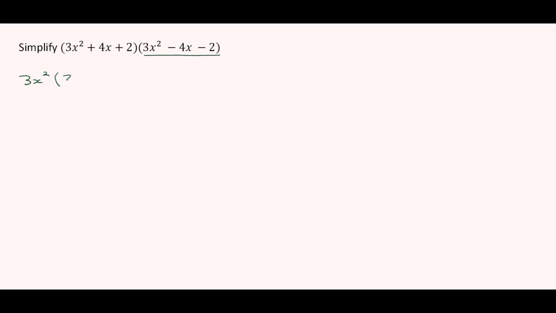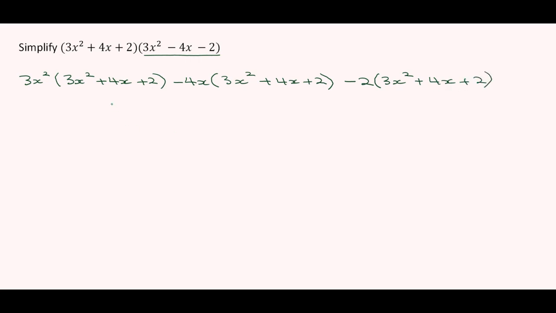We distribute that into 3x squared plus 4x plus 2, minus 4x distribute into 3x squared plus 4x plus 2, minus 2 we distribute into 3x squared plus 4x plus 2. Now let's start the distribution.